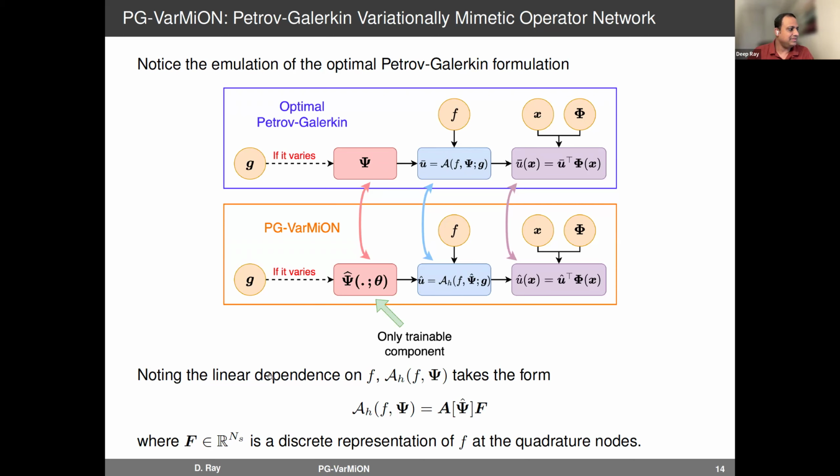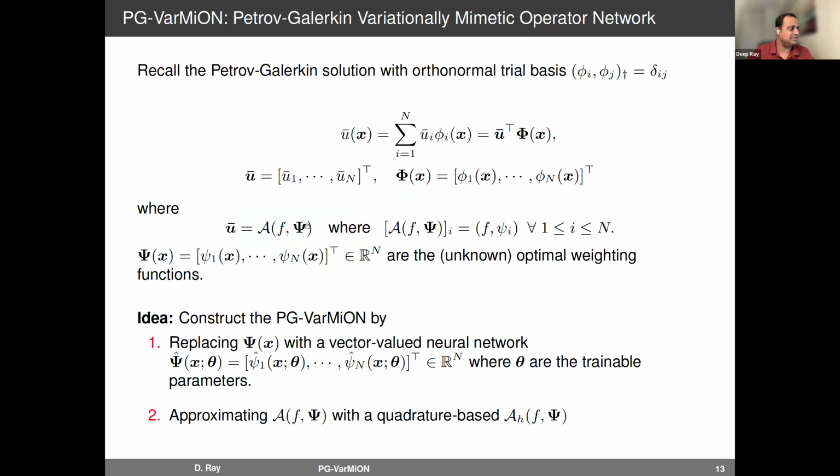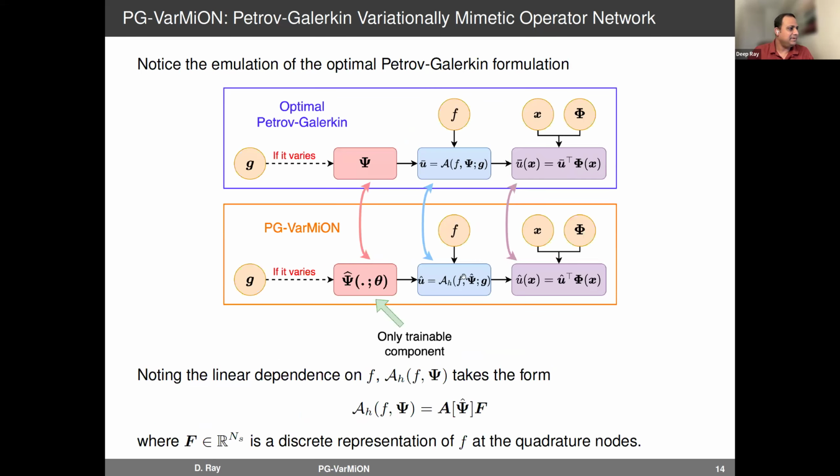Furthermore, because we know that we have linear dependence on f when I'm defining this operator a, which is just the inner product of f and psi i, typically by using a quadrature rule and using the psi, or this should be psi hat, this will actually take the form of a matrix A that depends on this network psi hat, acting on this vector f, where this vector f is going to be the evaluation of the source function f at the quadrature nodes.